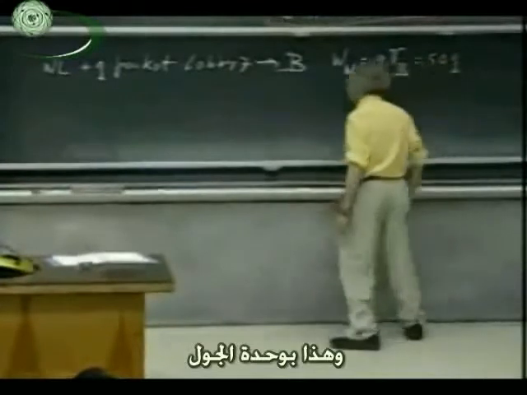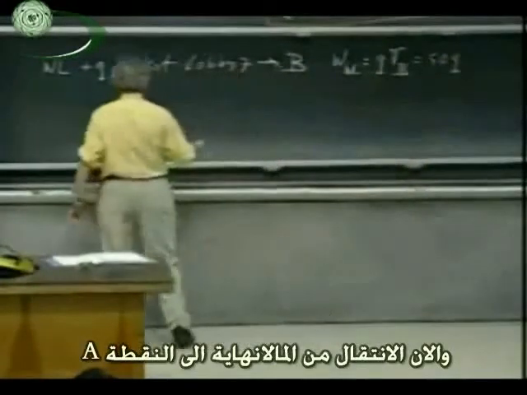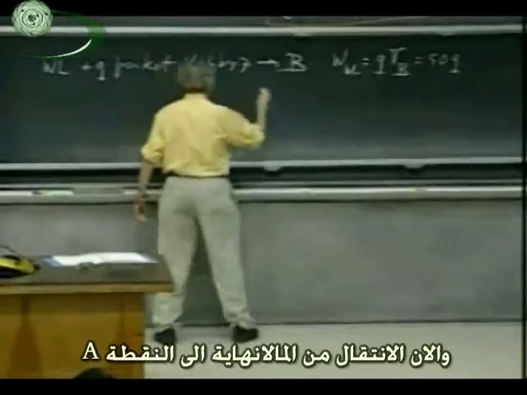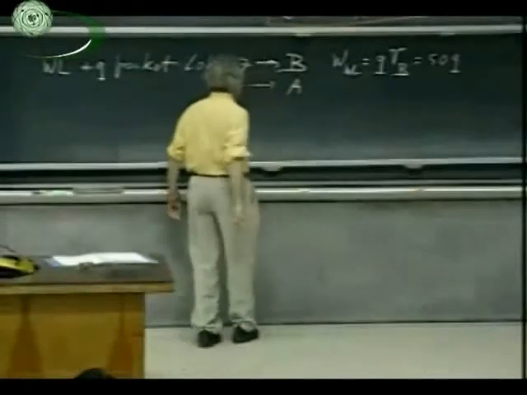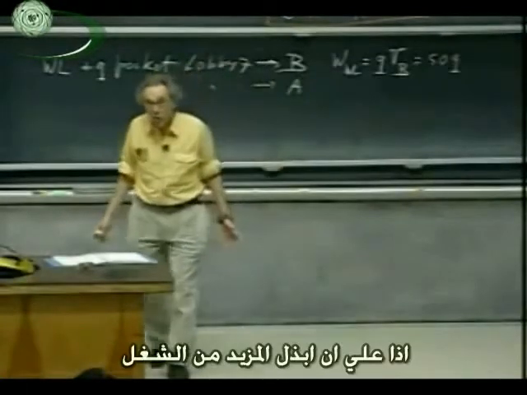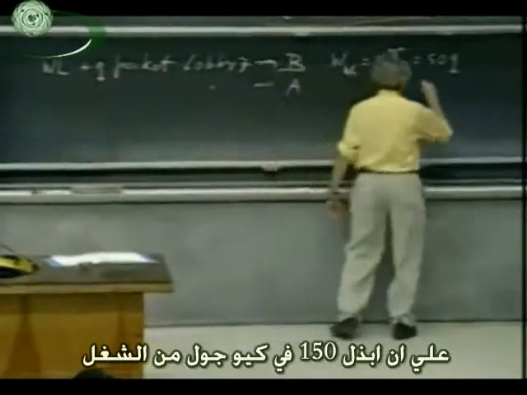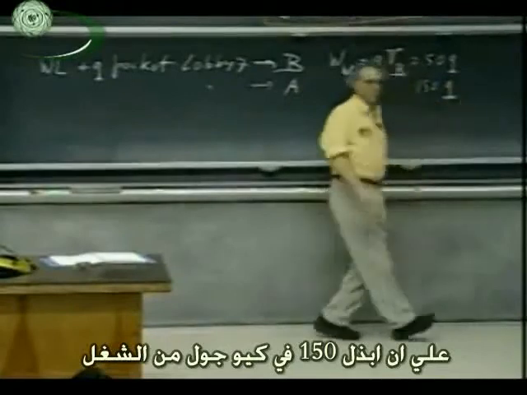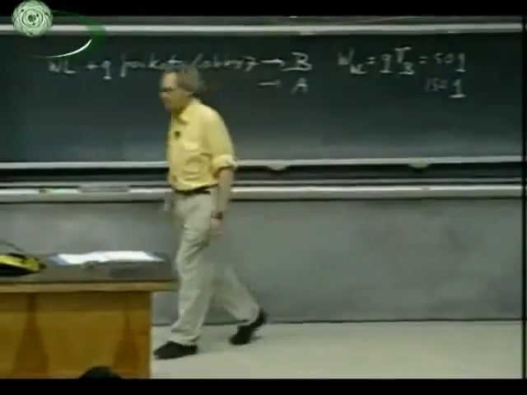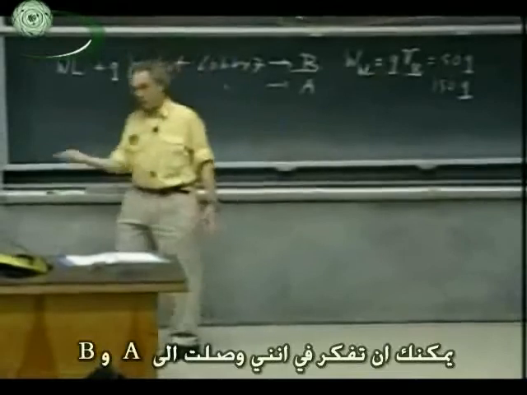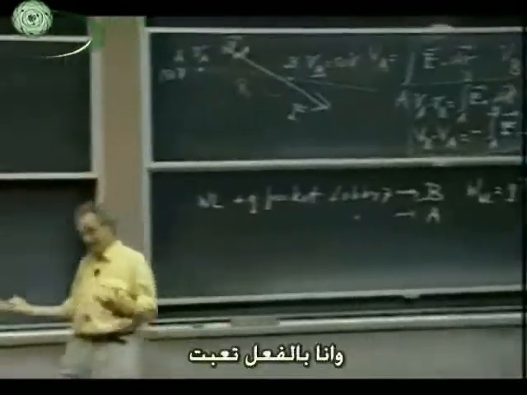This is in joules. Now, I go from lobby 7 to point A. I have to do more work. I have to do 150 Q joules of work. You can think of it, I first come to B, I'm already exhausted.